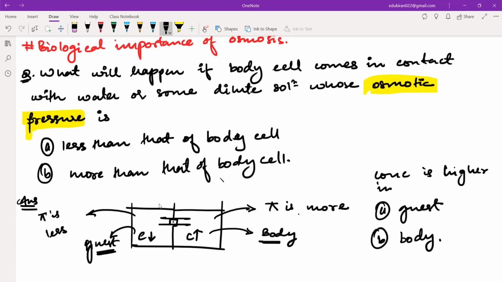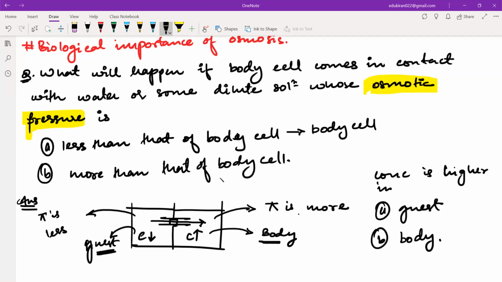Now you tell me, where will the solvent flow from? It will go from guest to body or body to guest? Guest to body. Okay. It will go from guest to body. This is how the flow of solvent will be there. Now, what will happen if the water molecules get into the body cell? The body cell will swell or shrink?